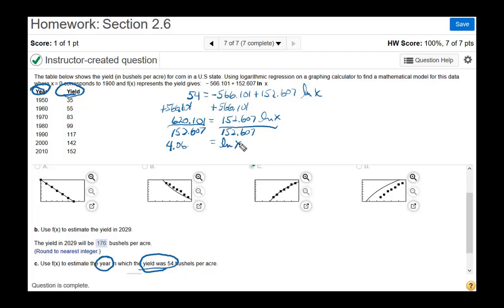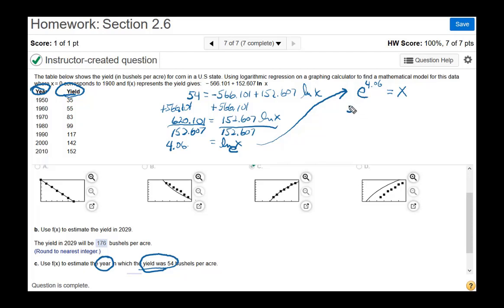So when we get to here, we will need to use our magic transformation like we did in the first two problems in this problem set. The ln x means log base e. We're going to convert this into exponential form. Base e. The logarithm is the exponent. So that 4.06, etc., is the exponent. And then that's equal to x. Now I'm going to use my calculator to do e to that power.